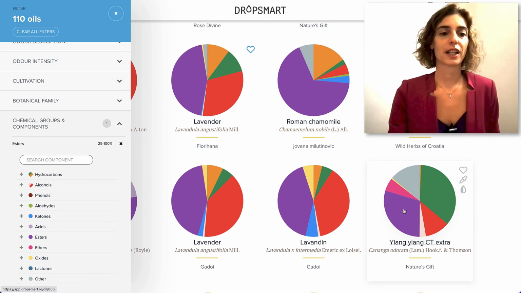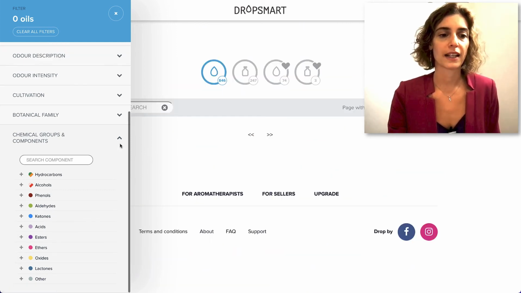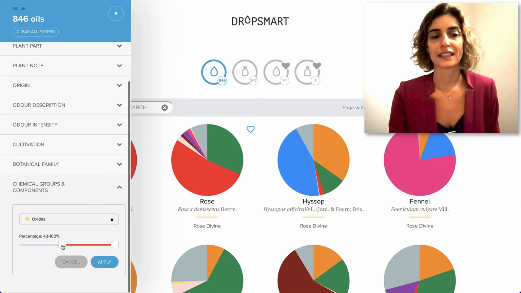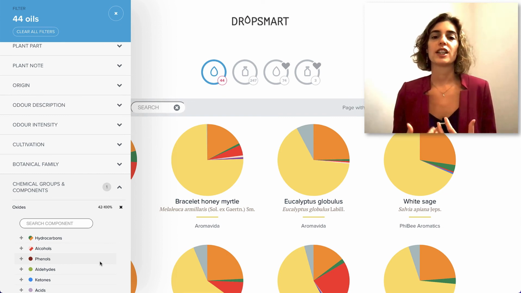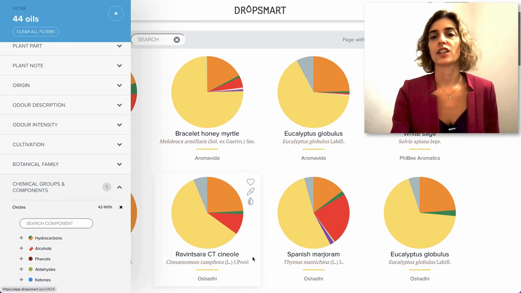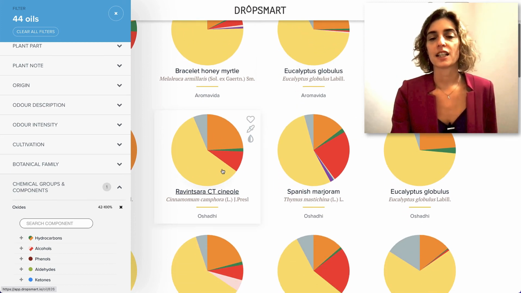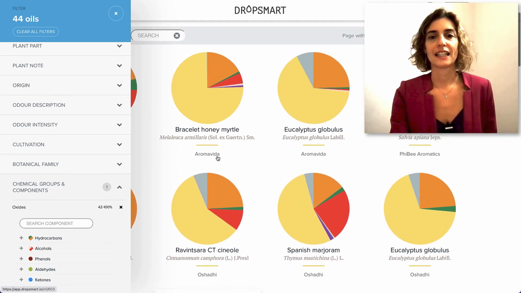So I would just quickly go over oxides. The most popular oxide, the one you will come across, is 1,8-cineol. When you think of oils rich in 1,8-cineol, you think of eucalyptus globulus or radiata, ravensara, niaouli, and oils such as that.